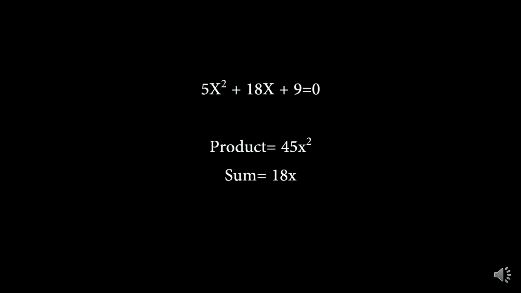Okay. So now let's write down a list of two integers that if I multiply them together is going to arrive at 45. But for us to pick the one for this question, if I multiply them together, it's going to give me 45x squared, and if I sum them up, it must give me 18x.